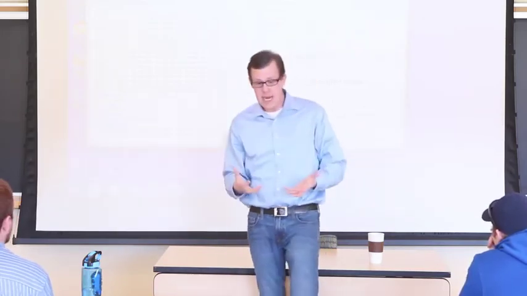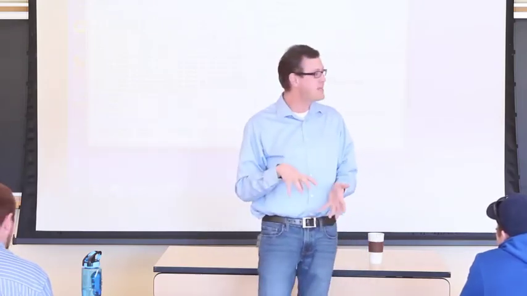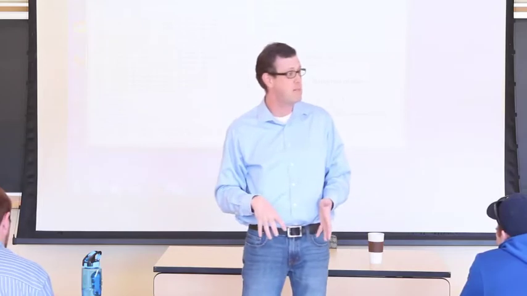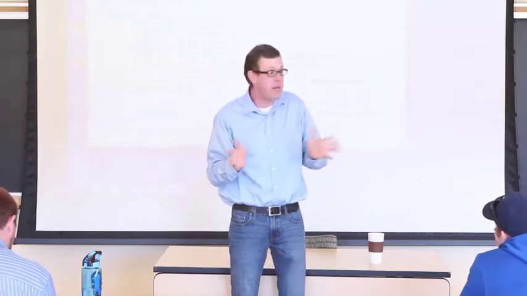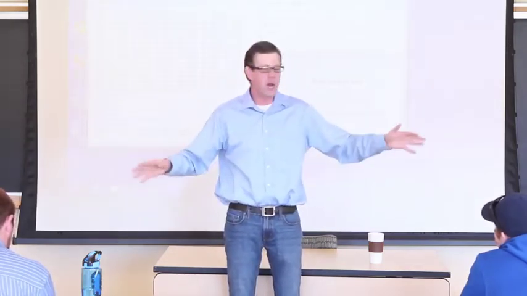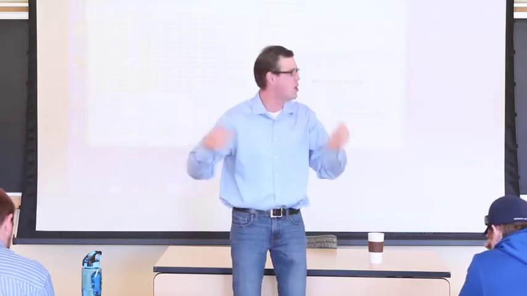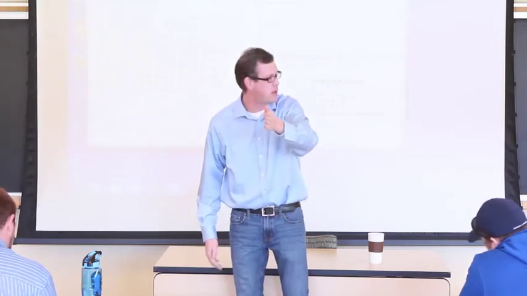So the sample mean is an unbiased estimate of the population mean because the means on average, not any one mean that we're going to take, any one mean we would expect to be above or below by some amount. But on average, if we took means over and over and over again, the mean of all those means should be right in the middle.